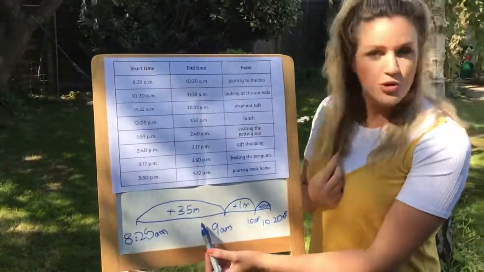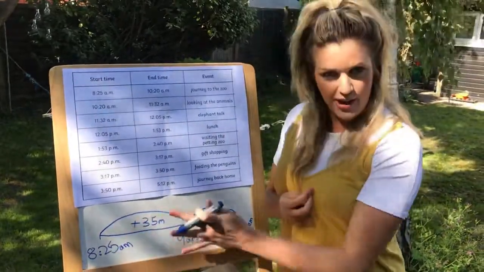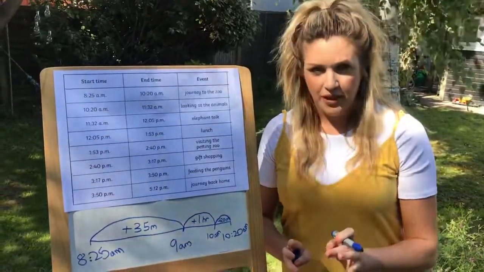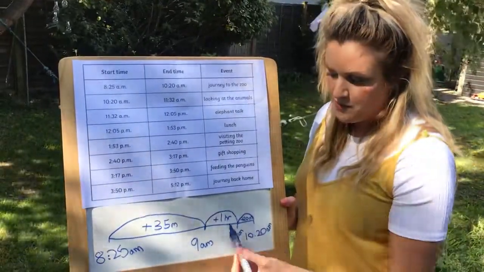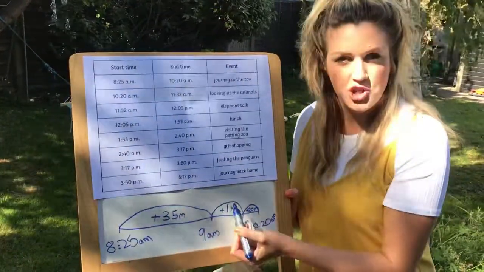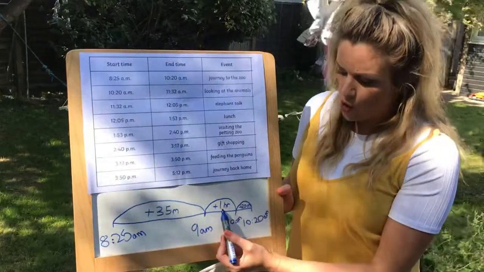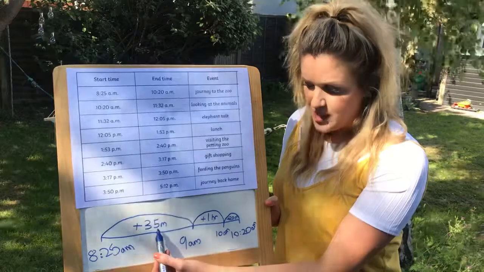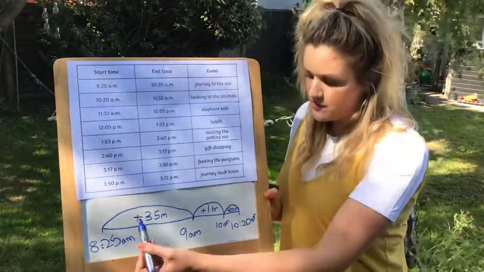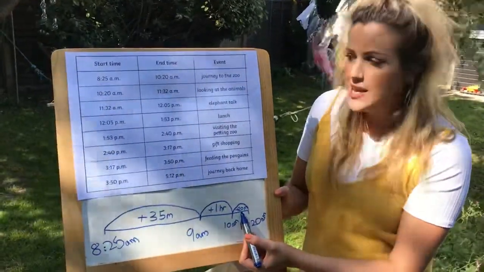So, no, you've not finished yet. This is great, but it's not finished. Okay? What you need to do now is to add up whatever you've written in these jumps, in these bubbles. So we've got 1 hour, add 35 minutes. That's 1 hour, 35 minutes. Add 20 minutes.